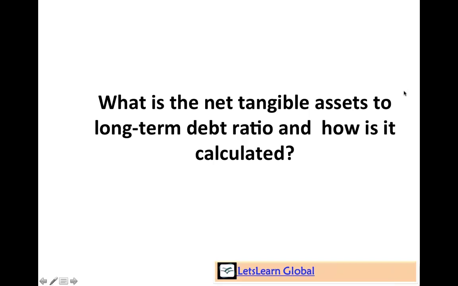Let me show you an example. Say for example our company has an EBIT of $800,000 and we have an interest cost on borrowing of say $200,000. You have an amount of taxable profit of $600,000 EBT.